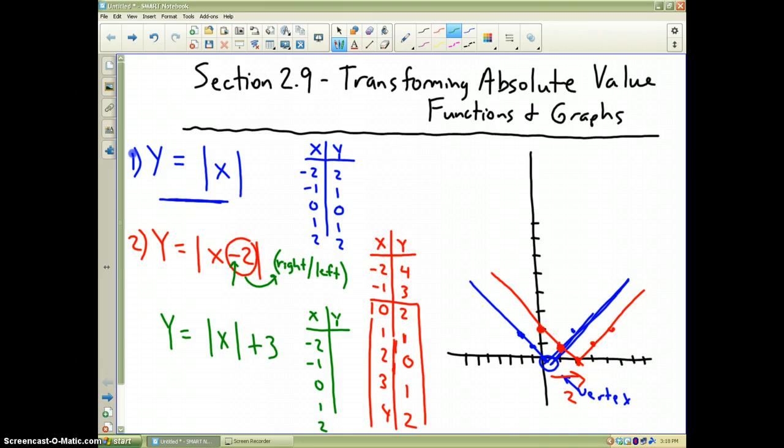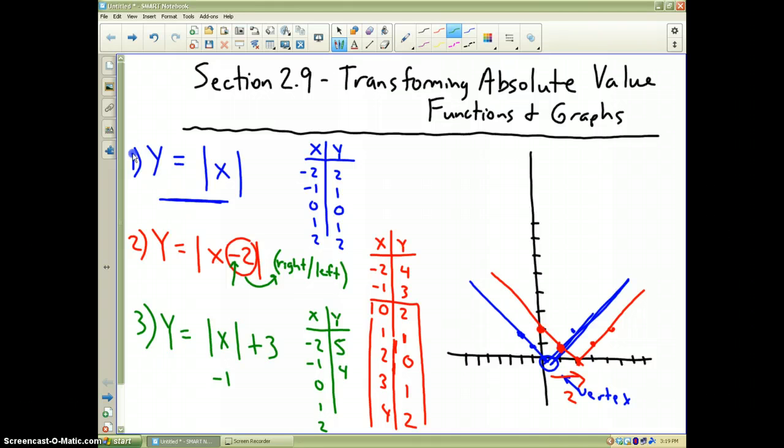Let's look at the third one, which I'm going to graph in green. Y equals absolute value of x plus 3. I made a t-table, and if I put my numbers in, if I put -2 in there, absolute value of -2 is 2, plus 3 makes a value of 5. If I put -1 in there, absolute value of -1 is 1, plus 3 is 4.